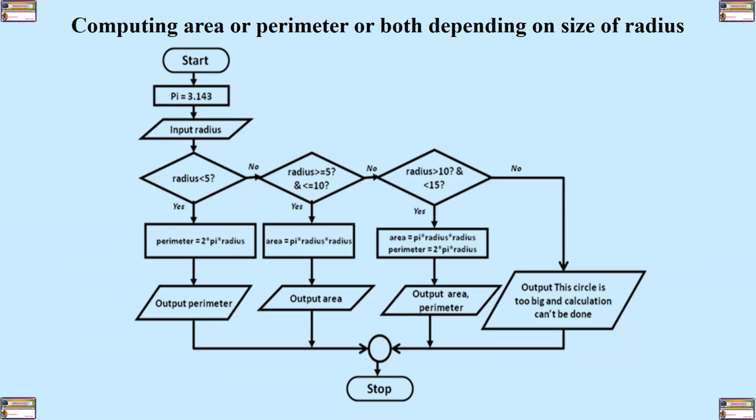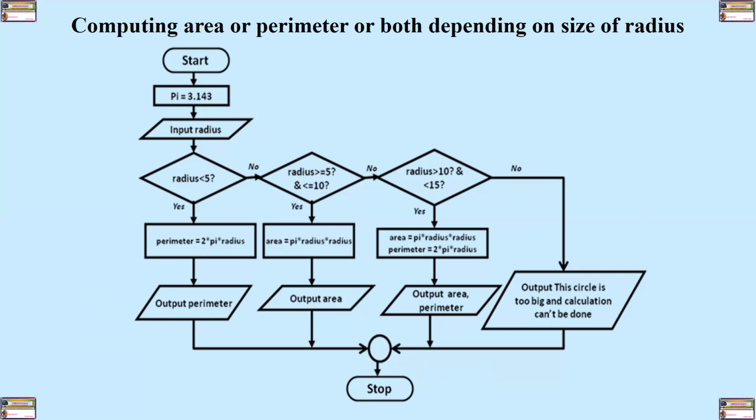Compute perimeter by picking value of radius multiplied by value of pi multiplied by 2. Store the value in perimeter, then pick what is in perimeter, display it on the screen and stop. That's the first part. Otherwise, if radius is not less than 5, meaning it is more, follow the pathway for no.